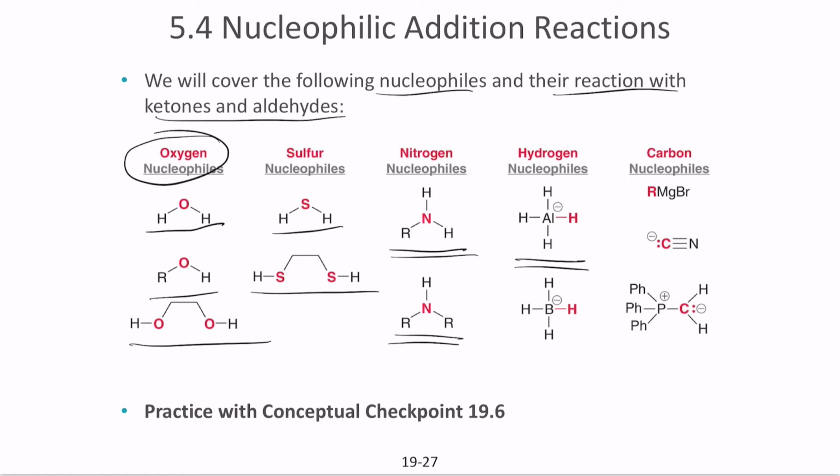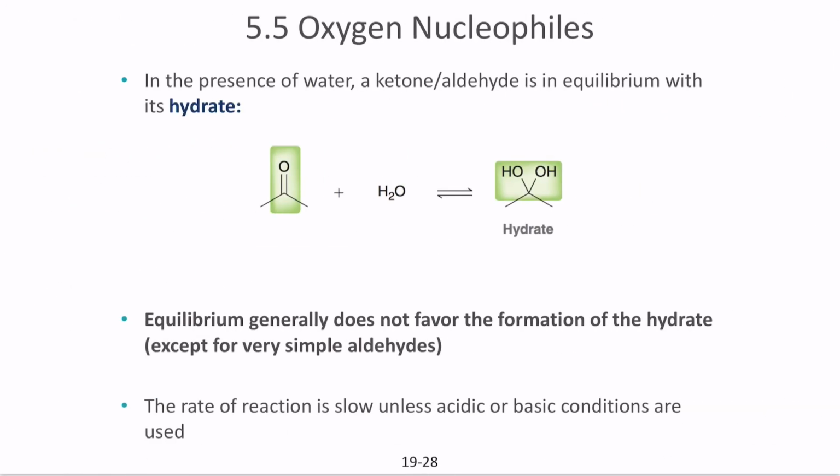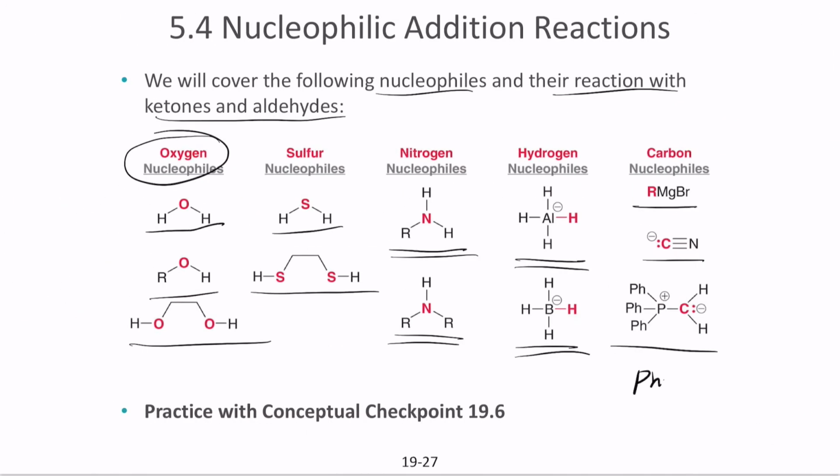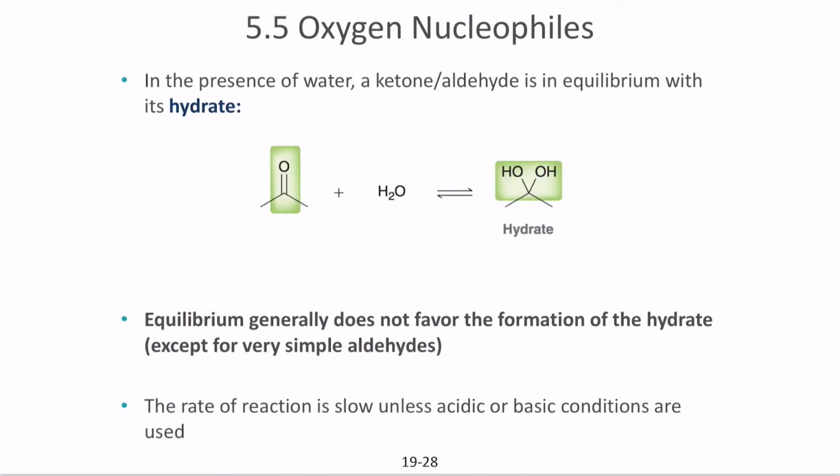Hydrogen nucleophiles, which are AlH4 minus and BH4 minus, and carbon nucleophiles, which are Grignard reagents, the cyano group, and a little larger, phosphorus nucleophiles. These are called phosphines.